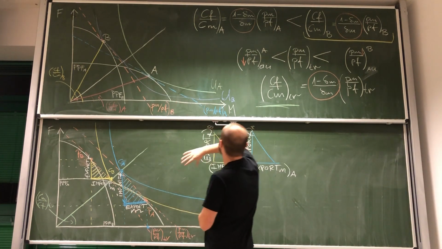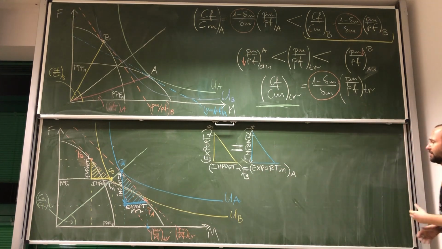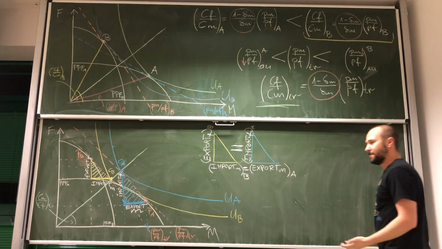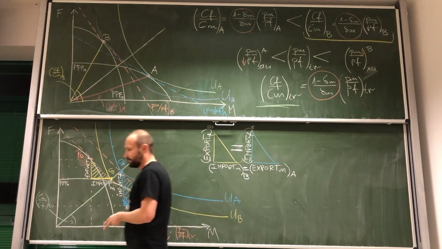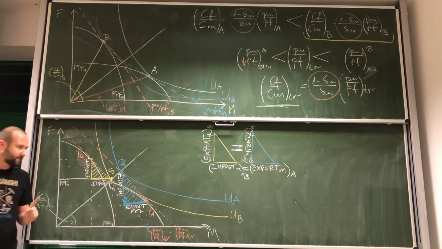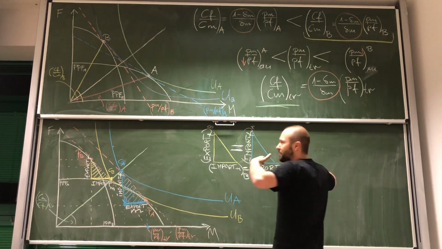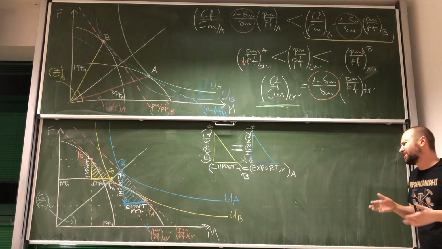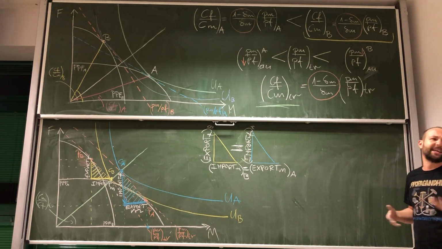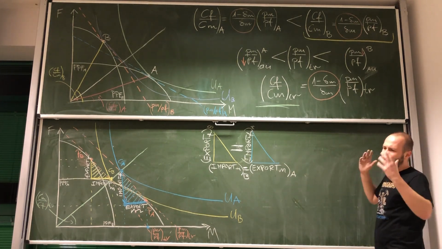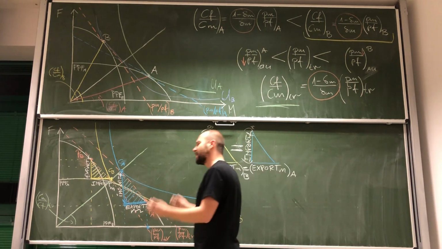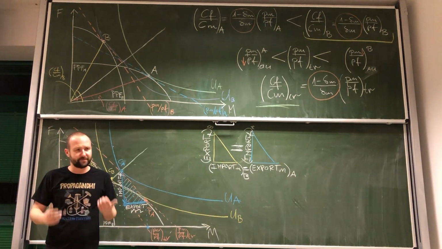In the next video I want to tell you two things. First thing is what is generally associated with your exam. Because we spent a lot of time on the neoclassical model of trade.